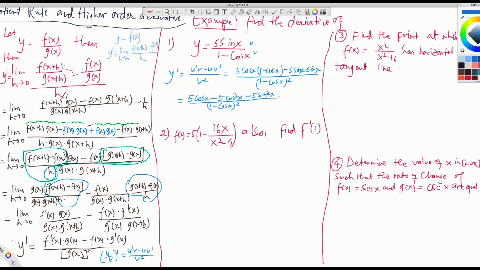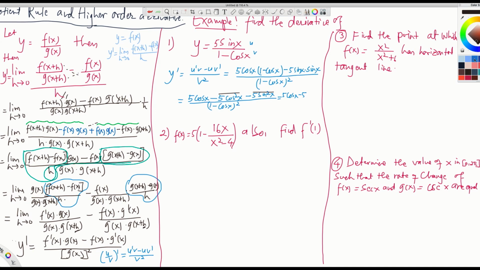So if you simplify this, what I will do is take negative 5 out from the last two terms, so that I will have cosine square x plus sine square x, which is 1. That's my idea there. So I want to do 5 cosine of x minus 5. If you take negative 5 out from this term and that term, then you will get cosine square x plus sine square x.